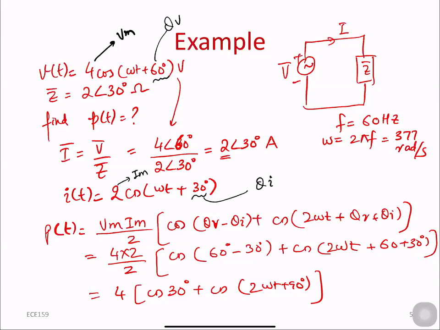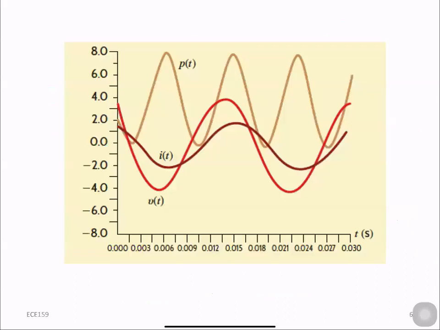Now, how can we draw this voltage and current as well as power, right? So let's say we have a current and voltage represented by these two waveforms. Before I go into this graph, we need to understand what kind of load we have.